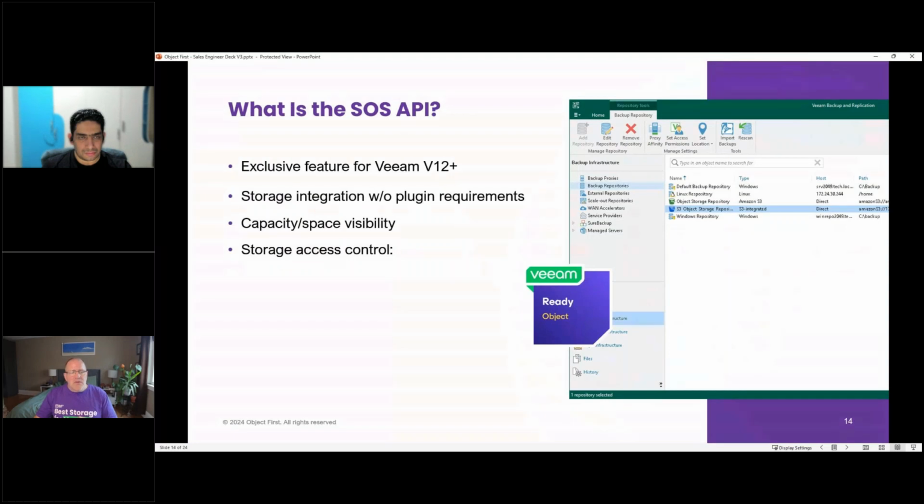SOS API. So this is what Veeam introduced in Veeam 12 and forwards. And I already talked about the capacity space visibility, but the storage integration without plugin requirements is even more important. And what does that mean? So for instance, Veeam with SOS API is aware of the location of the backups.